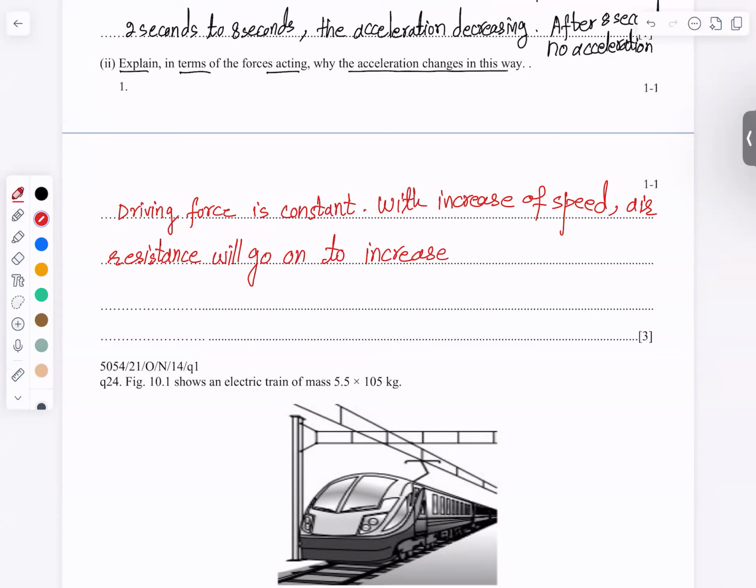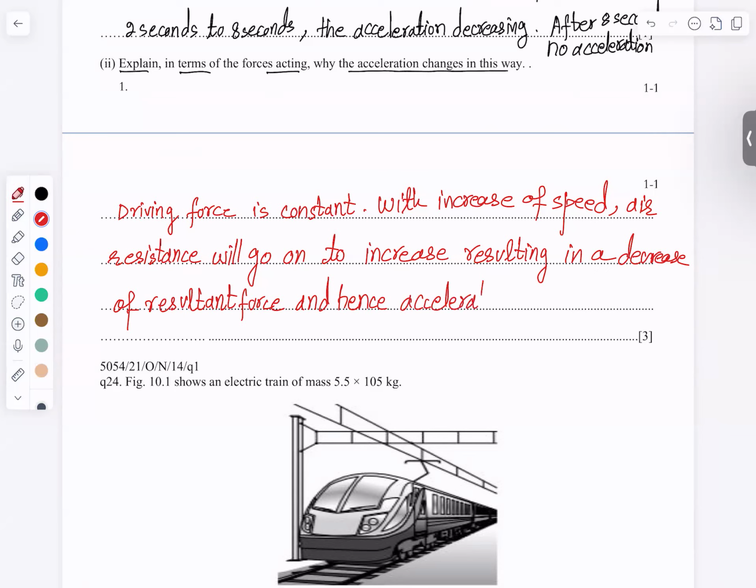Air resistance will go on to increase, resulting in a decrease of resultant force, and hence acceleration.